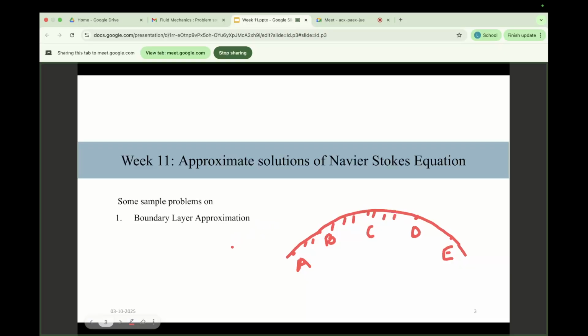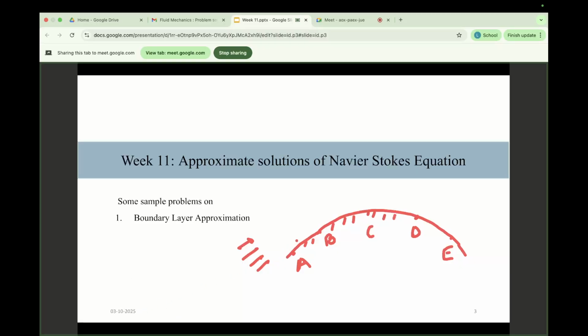I am just flowing some air. There is certain velocity there. Okay. So you just observe one thing.